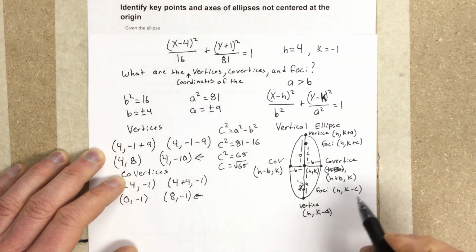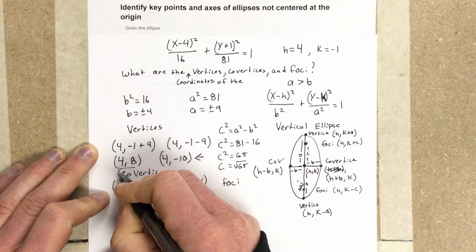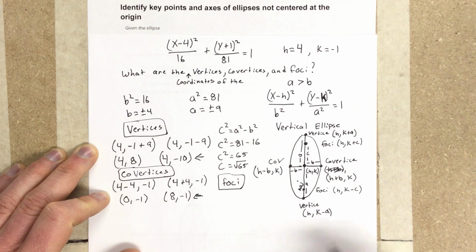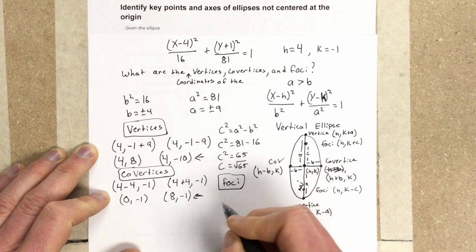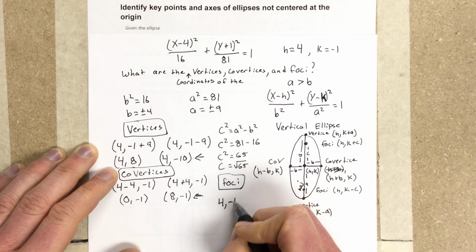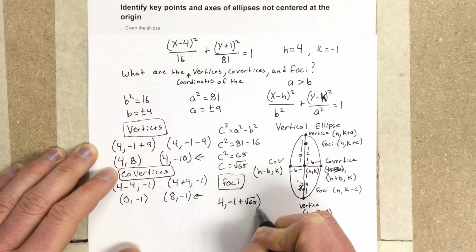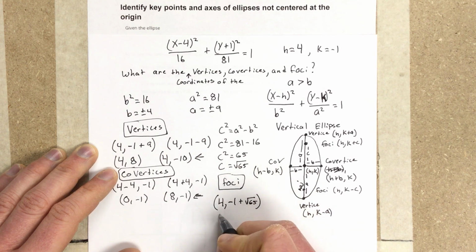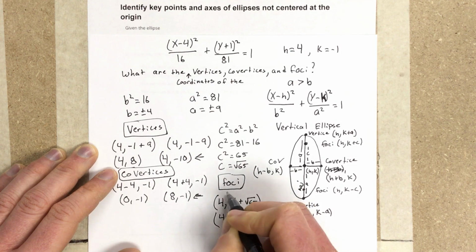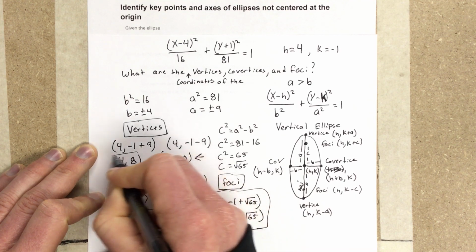So my foci are going to be h, which is 4, comma, k, which is negative 1, plus root 65. That's one coordinate. And the other coordinate for the foci is 4, comma, negative 1 minus root 65. So those are the two foci, these are the two covertices, and these are the two vertices.